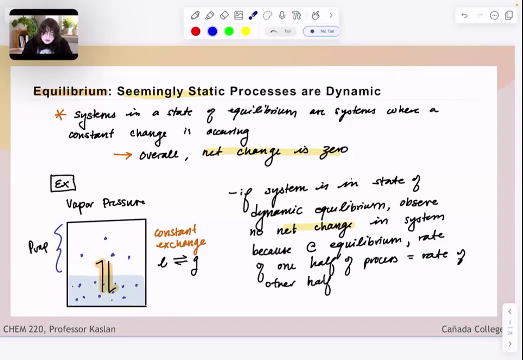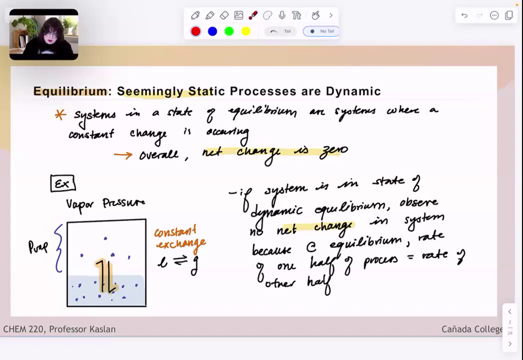So we are going to be considering things like chemical reactions with this lens of dynamic equilibrium being established in that reaction. We're going to look at the whole system, a holistic perspective of what's going on in a chemical reaction, just like we look at a holistic system for vapor pressure. We consider everything that's going on inside of that beaker.